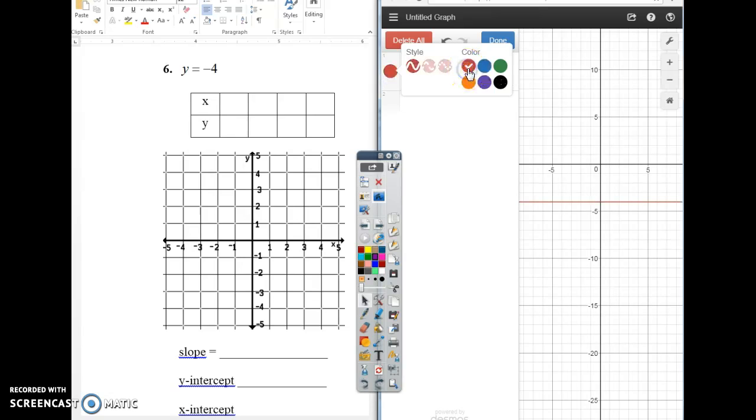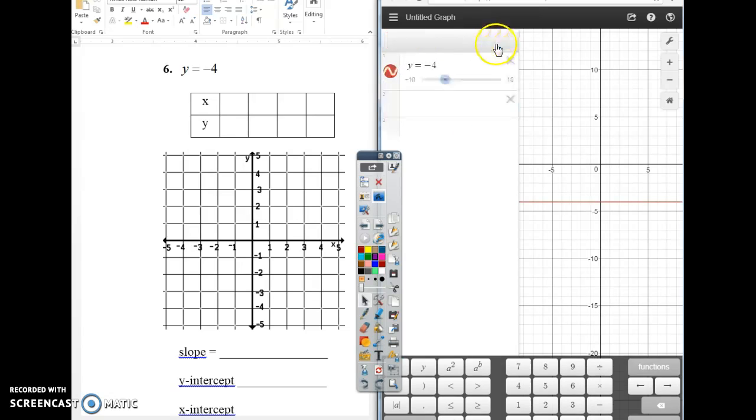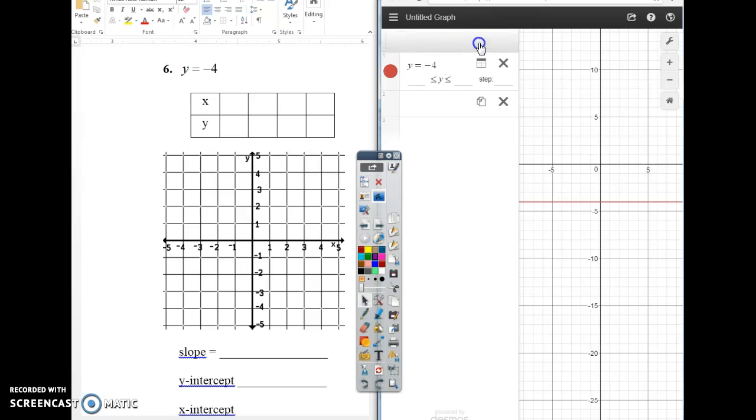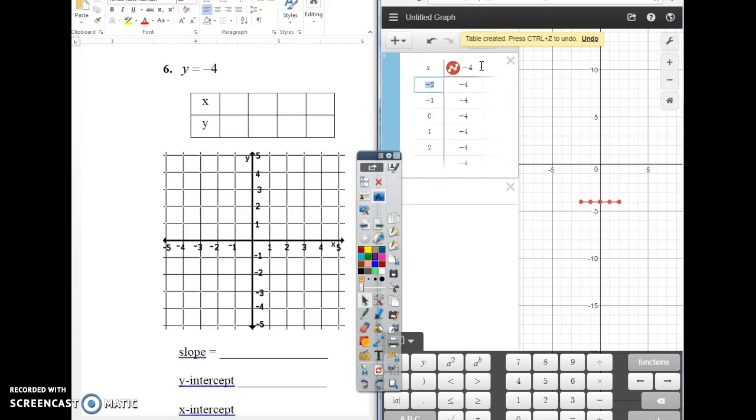I want it red so you can see it. And we want the table, right? So now you see the points on the graph, you see the table, so you can fill it out.